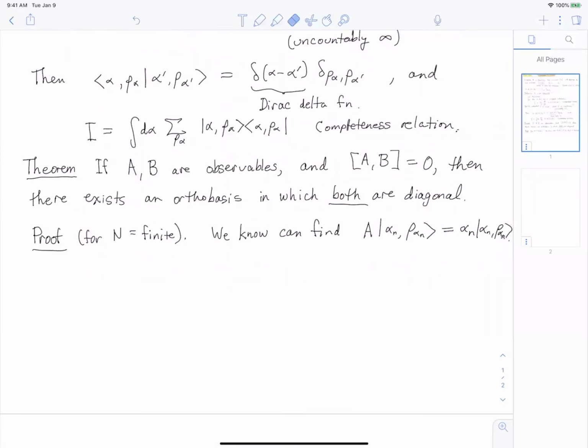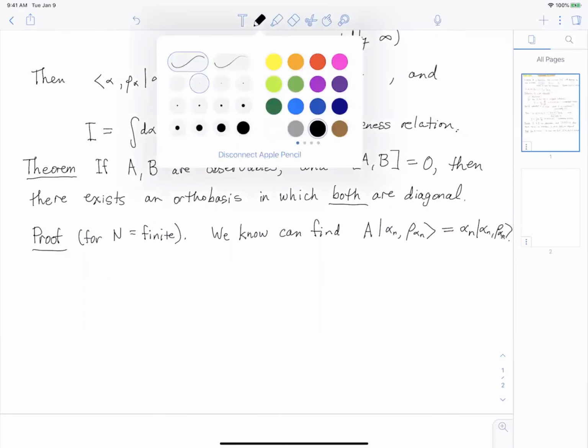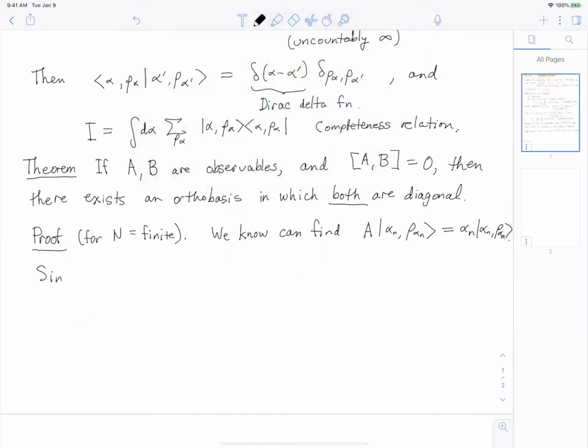Okay, and now since we're assuming that they commute, then it's true that if we form these matrix elements ⟨α_n, ρ_αn|B|α_n', ρ_αn'⟩ with the operator B, that's equal to 0 when n and n' are different.